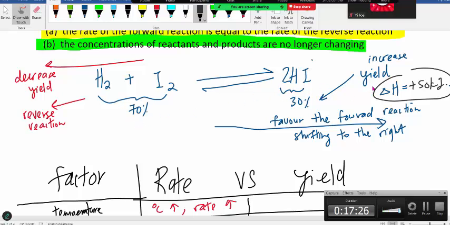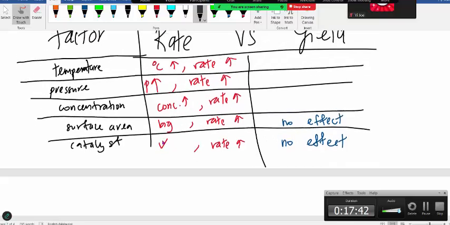Forward. If I put low temperature, it will go backward. But if this is exo and I put high temperature, then it will go backward.